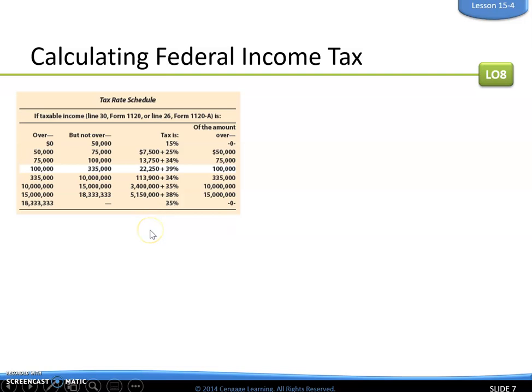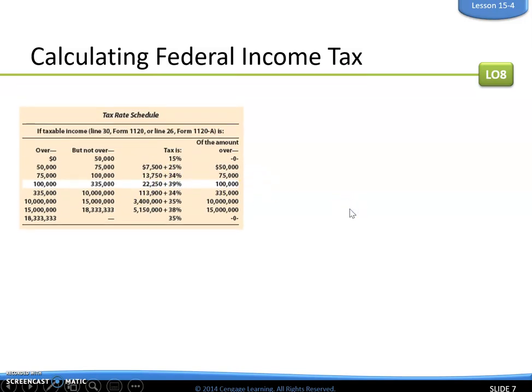If you remember back a slide or two, our net income was like 103,000 something. We need to first find out the bracket that it falls in, so we're first looking in this first column. It's over 100,000, but it's less than 335,000 for our net income. So we know that we're going to be on this tax bracket line.